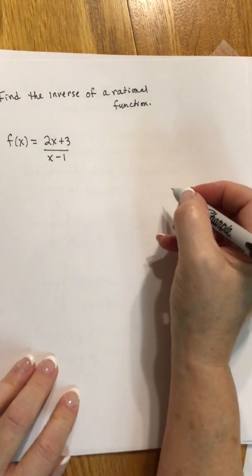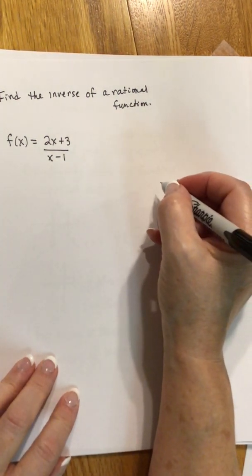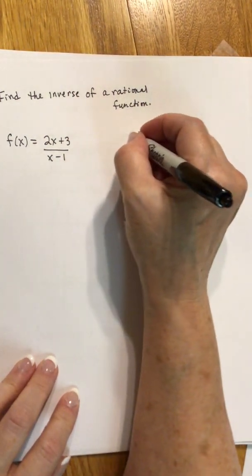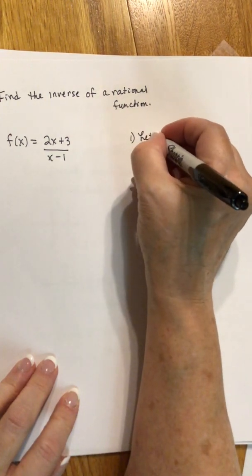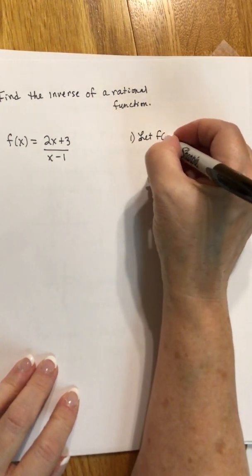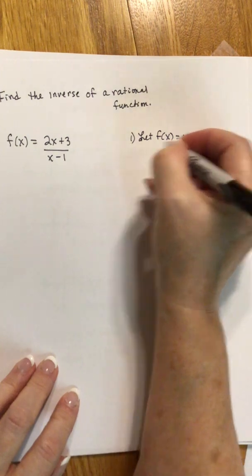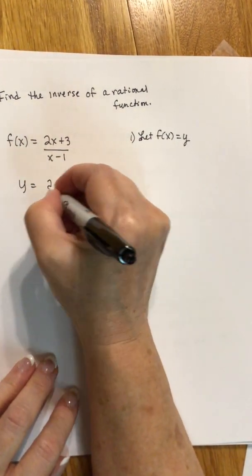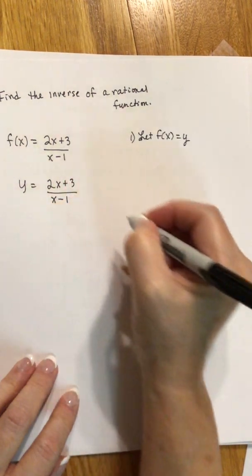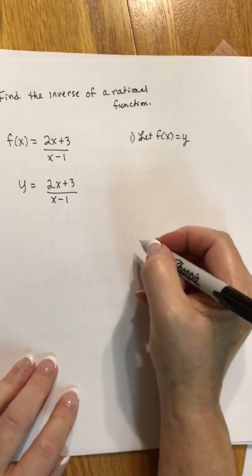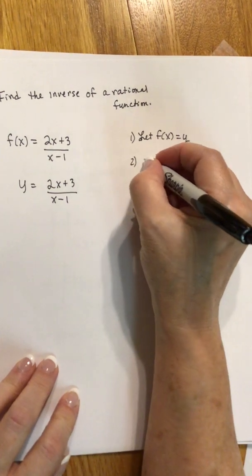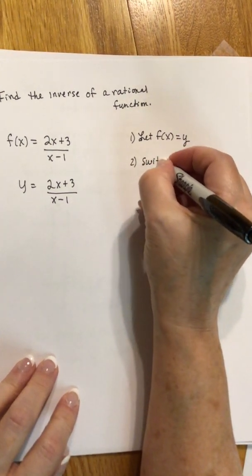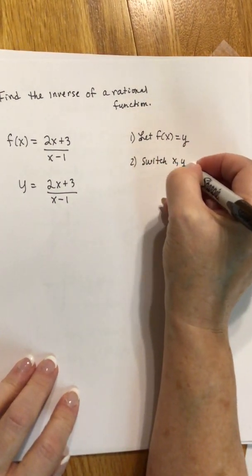So we want to find the inverse, so we still follow those steps. The first step is to let f of x equal y. So we get y equals (2x + 3) over (x - 1). The next step we said was to switch x and y.